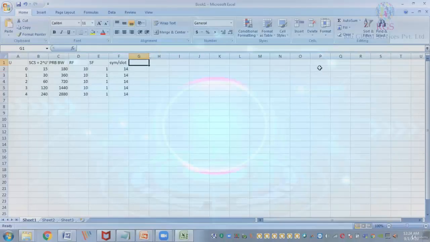What is the meaning of symbol duration? So how do you calculate symbol duration? So we have 1 divided by 15 kilohertz. 15, 30, 60 kilohertz.